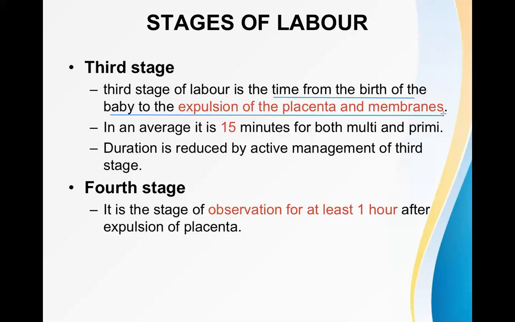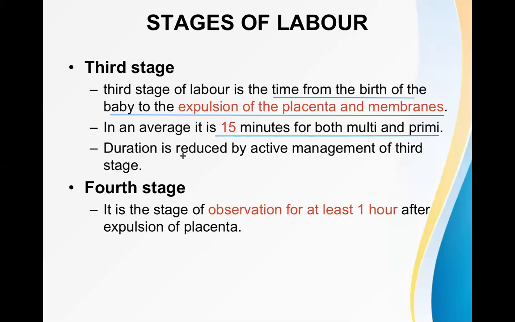So you can easily say delivery of the placenta and membrane is the third stage of labor. On average, it is 15 minutes for both multigravida and primigravida. So there's no difference. It is the same length for both of them.